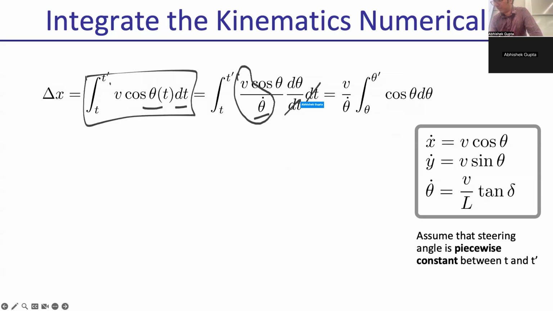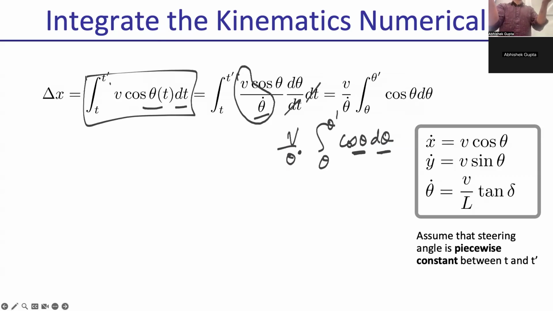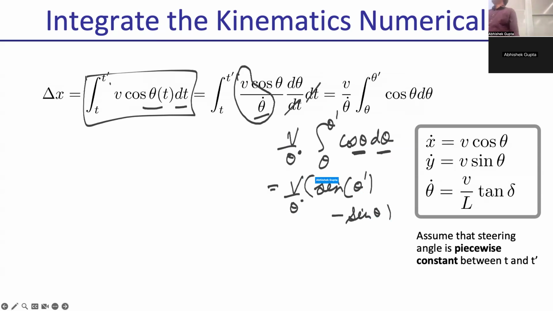Then I have v over theta dot times the integral from theta to theta prime of cosine theta. Now the variable being integrated and the function are in the same variable, so you can integrate it to sine theta. You can write this as v over theta dot times sine theta prime minus sine theta, right?